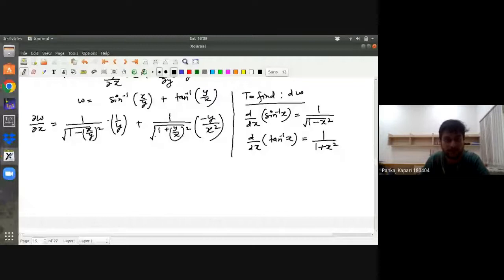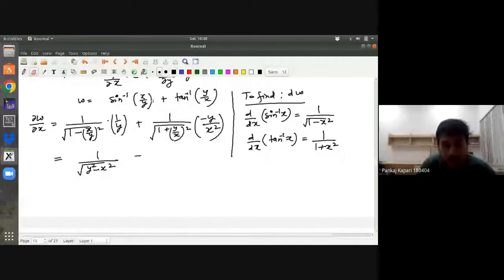Let's see what is the partial derivative of w with respect to y. Or let's first simplify this. When you simplify, you will get 1 over square root of y square minus x square, and this y and y cancel with each other, minus... Okay, so I made some mistakes.